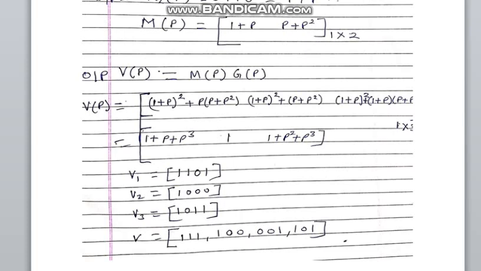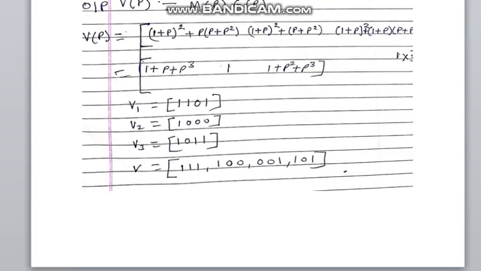First row, first column, like this you have to multiply. We all know matrix multiplication very well, and this is what I have shown here. First row first element, first row second element, first row third element, and after simplifying you get these 3 values, which can again be represented in bit form as V1, V2, V3, and when we combine these 3 bits we get this answer. I hope you have understood. Thank you.